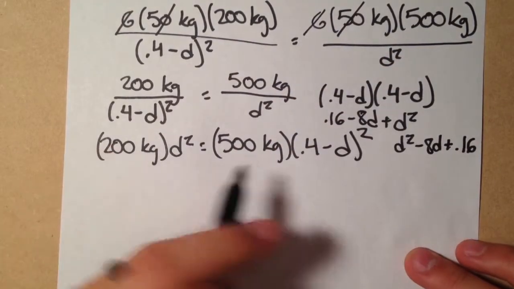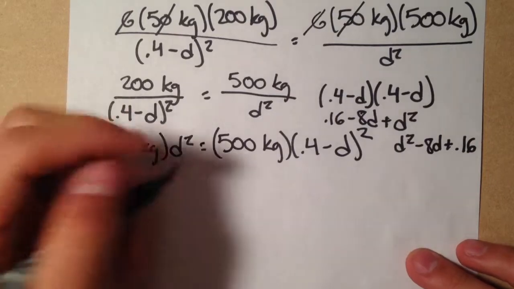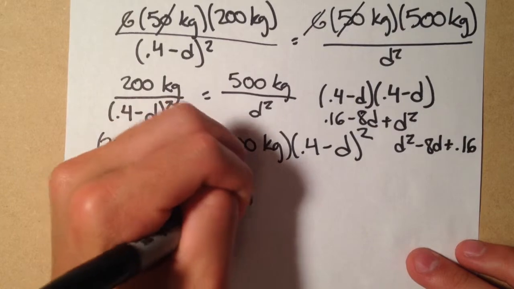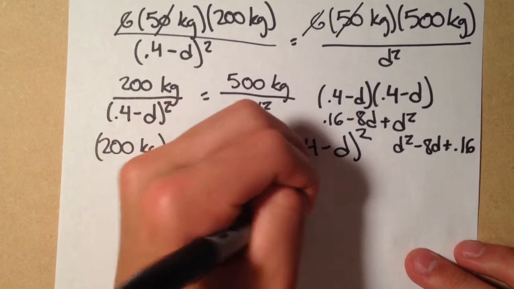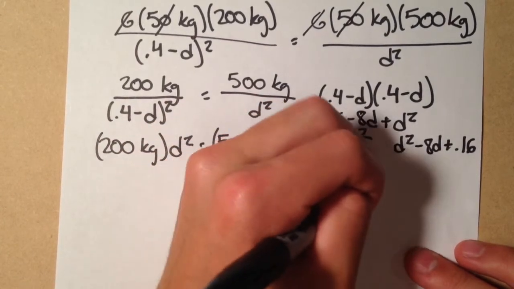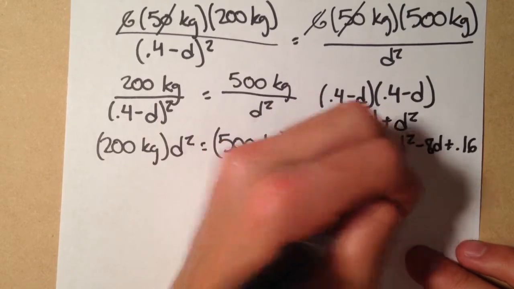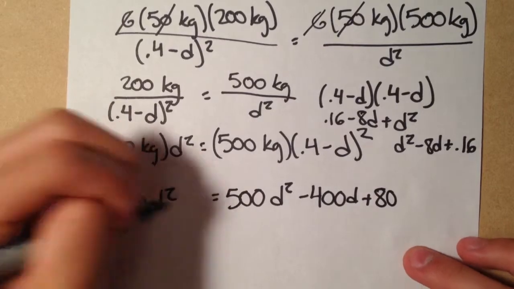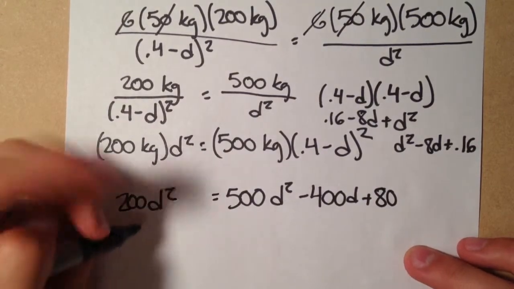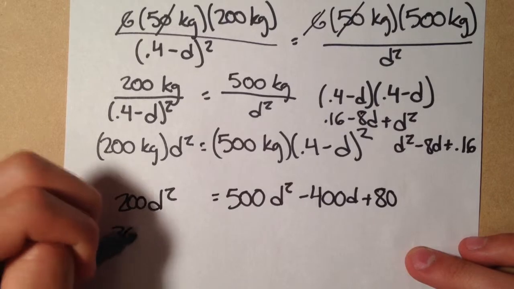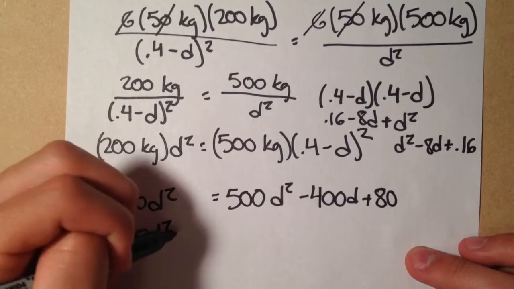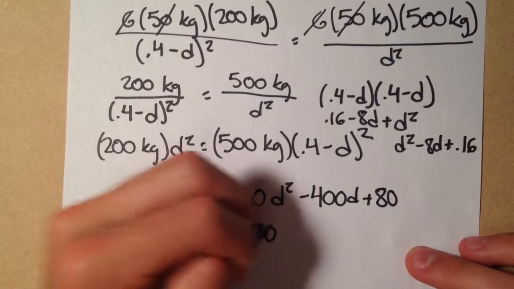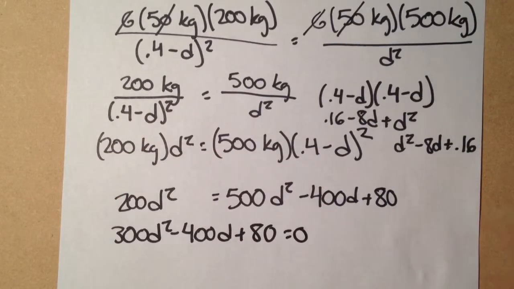So 500 is going to be multiplied by that, giving us 500 d squared minus 400 d plus 80, and that's going to be equal to 200 d squared, and then you could subtract this 200 over, leaving us with 300 d squared minus 400 d plus 80 equals 0.